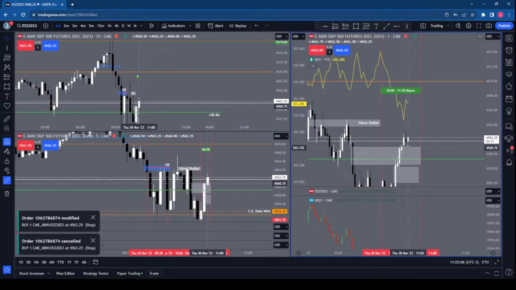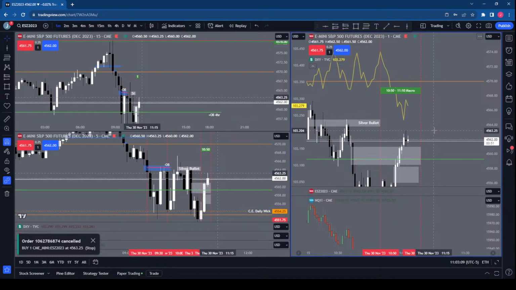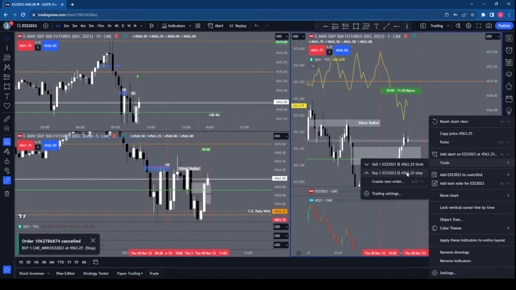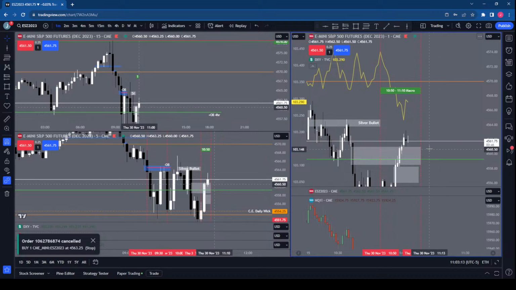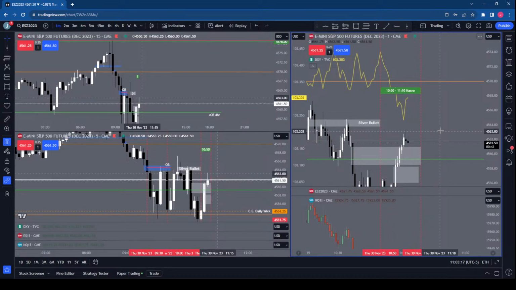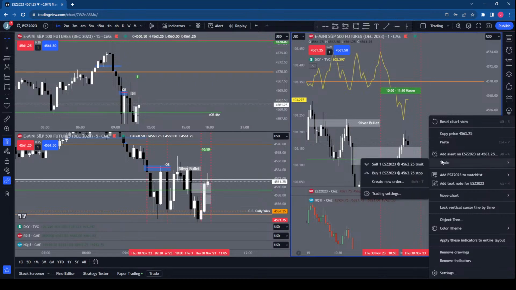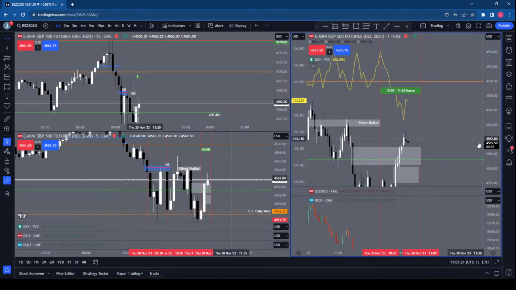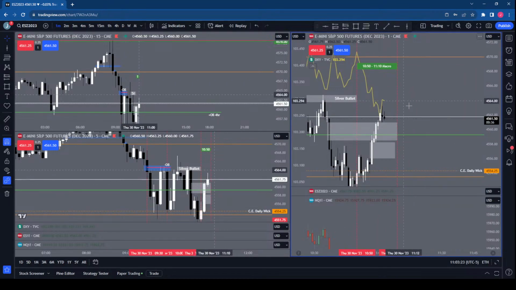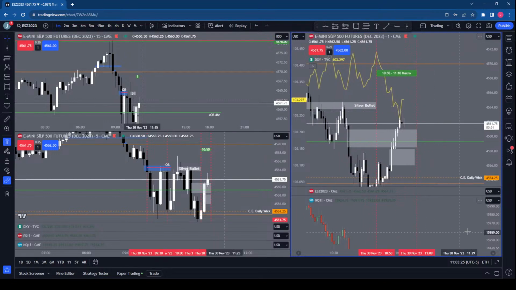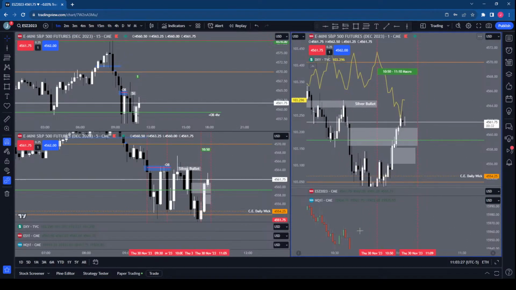Well, I really wanted to dip into this. I guess it did touch it. Okay, well, it seems like TradingView doesn't want to put those orders in, so maybe that's a sign.